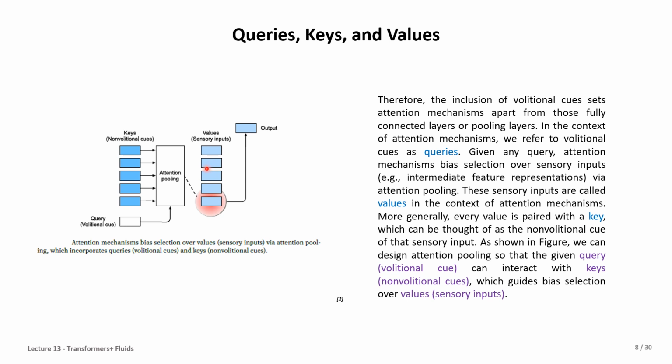More generally, every value is paired with a key, which can be thought of as a non-volitional cue of that sensory input. As we can see in this figure, we can design attention pooling so that the given query can interact with keys, the non-volitional cues, which guide bias selection over values.